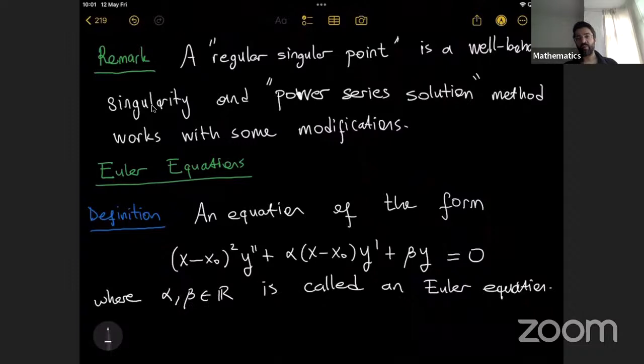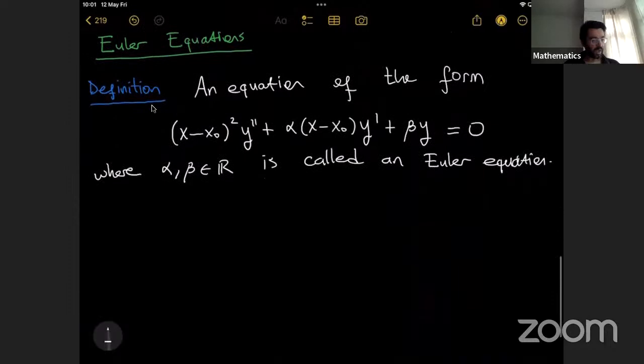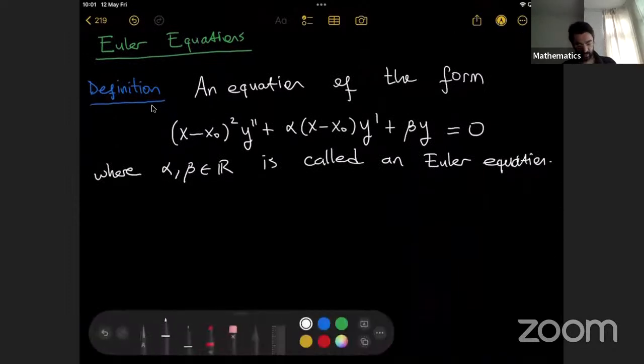And after we modify, we will get a constant coefficient equation. And you know how to solve constant coefficient equations, right? How do you modify this? First of all, you may realize that x0 in this case is a singular point, but it's a regular singular point.